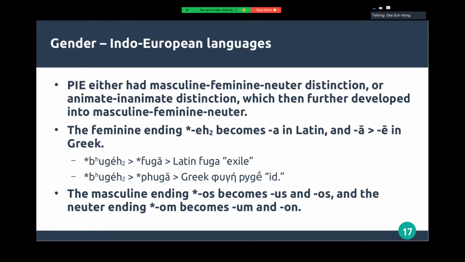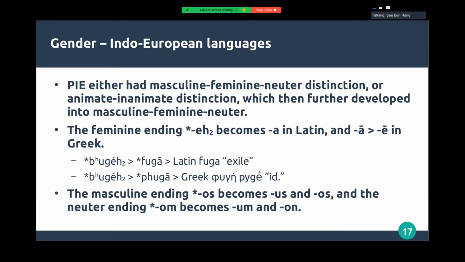And this actually shows a crucial feature of the feminine gender in PIE, or the Indo-European languages, is that it may be the reason, or it could be the result. The abstract suffix, which creates abstract nouns from adjectives or verbs, as shown in here, actually has the feminine ending.